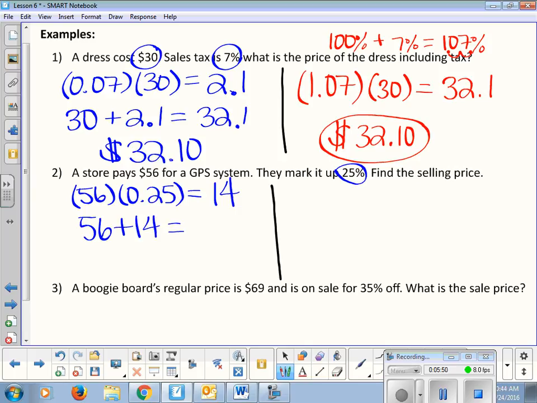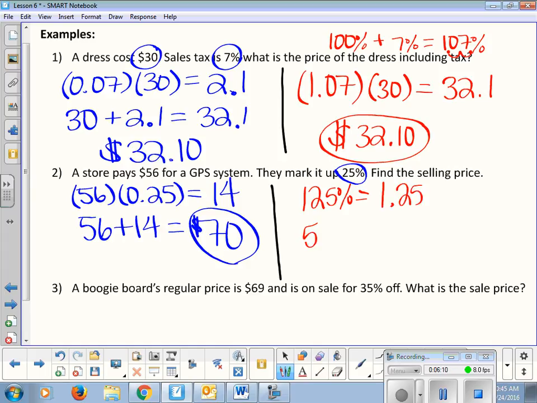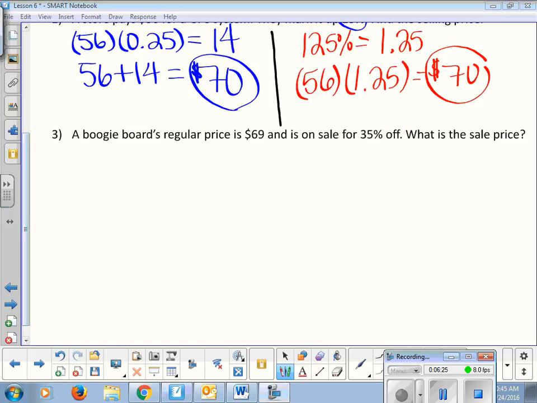Add, so we add 14 to 56 and get a total of $70. If we use the other method, 100% plus 25% gives us 125%. To change that to a decimal, we get 1.25. We take our original price, $56, multiply it by 1.25, and we get 70 as well. Either way you choose to solve it, you're going to come up with the same answer.